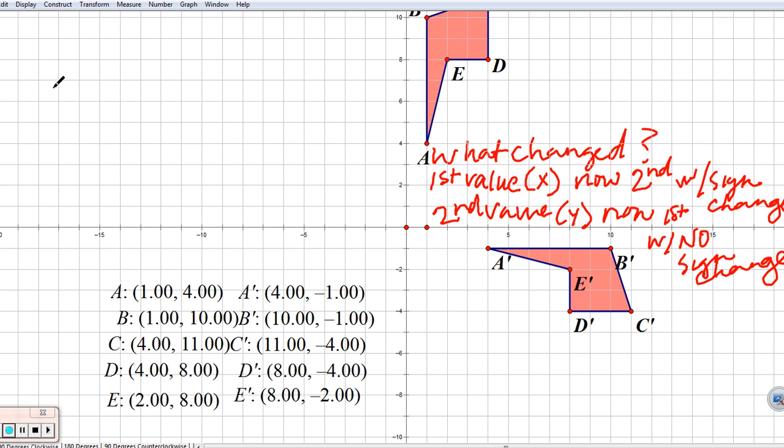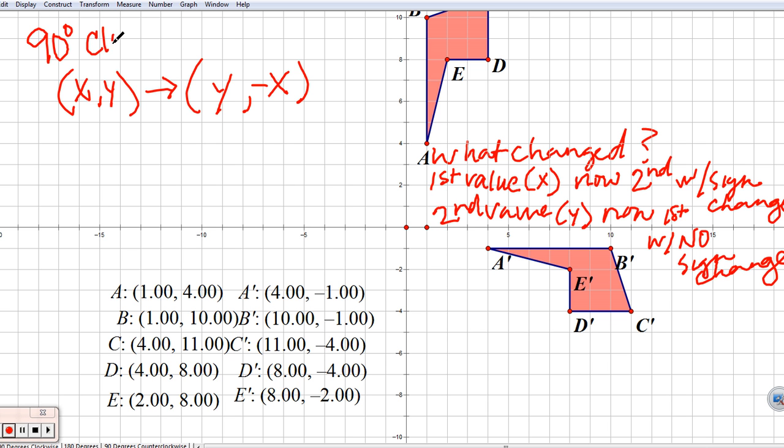Let's look at what that looks like in arrow notation. For all the points in our pre-image, this is what it's going to look like. Our first value, our x value, is now second with a sign change, and our second value is now first with no sign change. Remember, this was a 90-degree clockwise rotation.